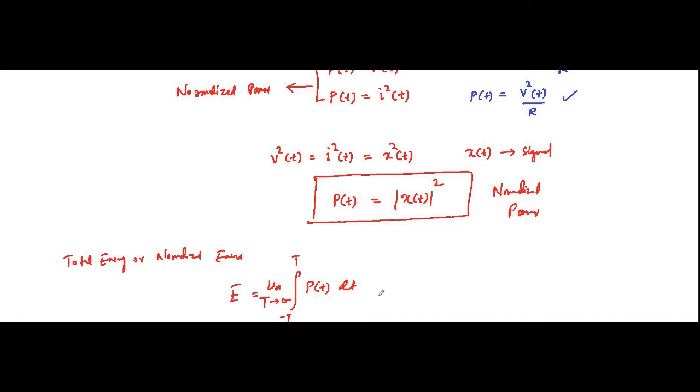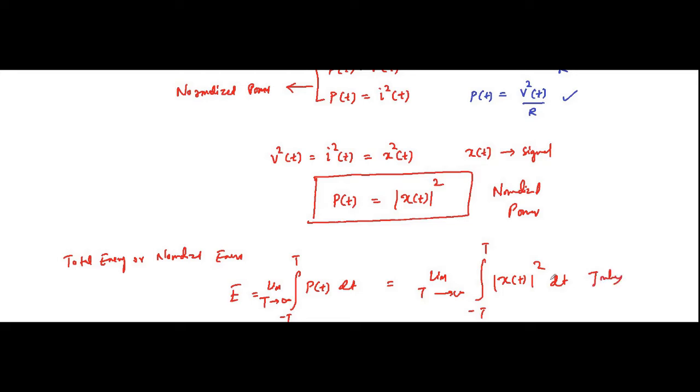This is the expression of normalized energy or total energy for this normalized power. Or we can write it as limit T tends to infinity, integral from minus T to T of x square t dt, in joules.